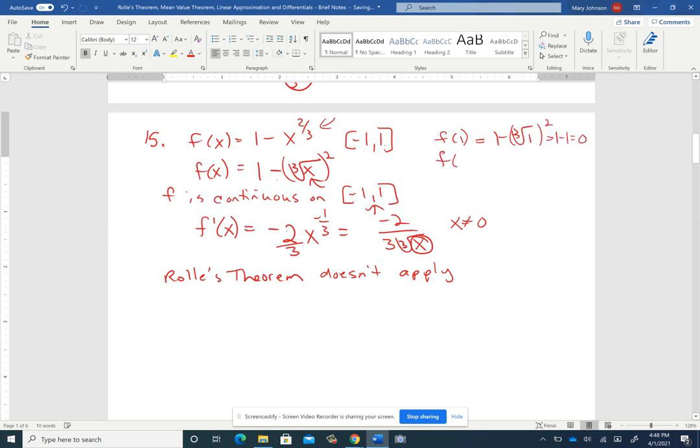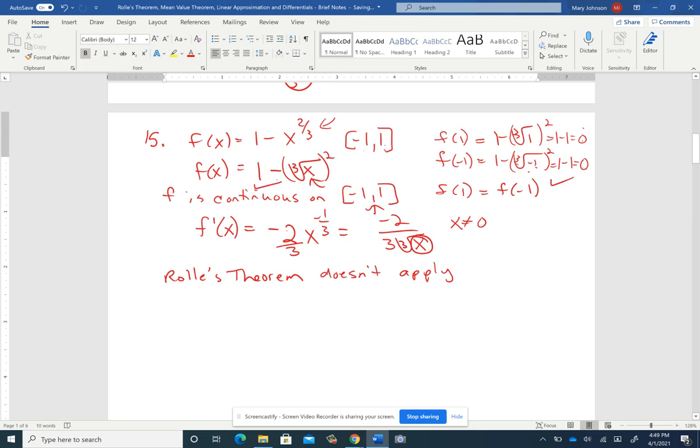And if you checked the other endpoint, the cube root of -1 is -1, but when you square it, you still get 1. So you might have noticed that the endpoints are equal, that the value of the function at the endpoints is the same. So that's another condition of Rolle's theorem. So that's met. Continuity is met.